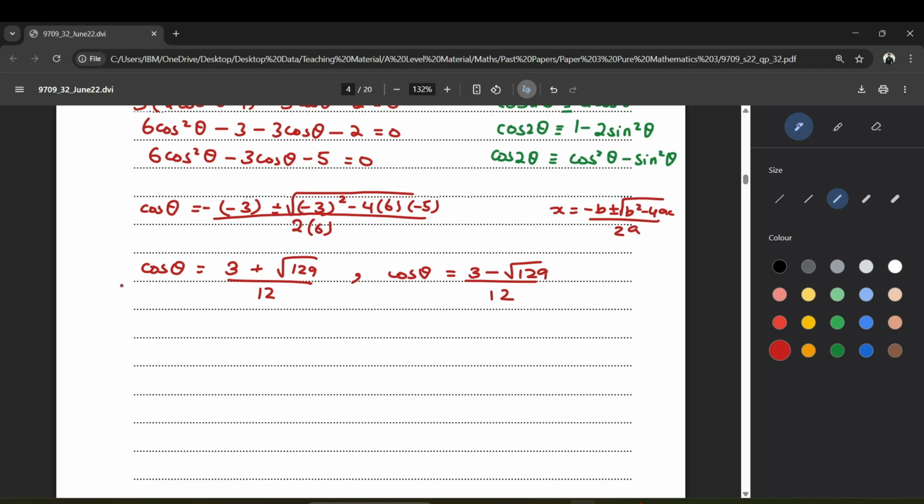Okay, now we can find the principal solutions to each one of these expressions. All right, so if you try to work this one out, you would end up with math error. Now do not write math error over here, you have to write no solution. And why is that? Let's see what is the value of 3 plus root 129 upon 12.